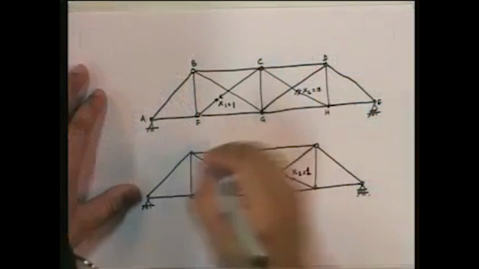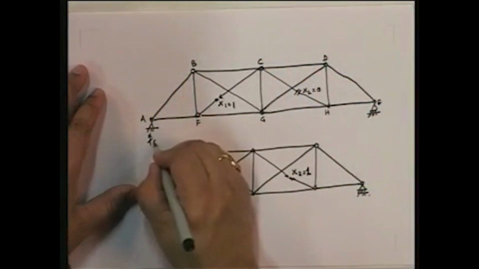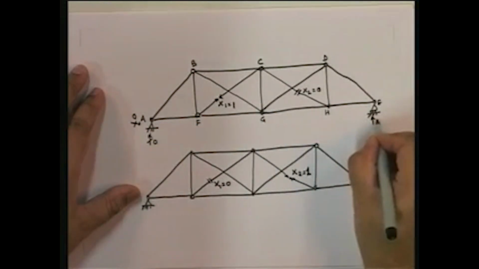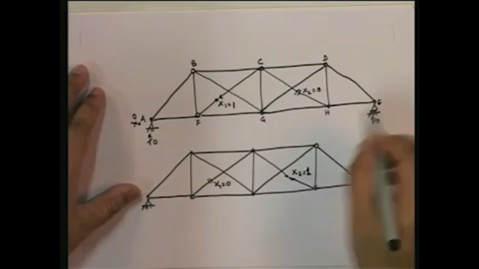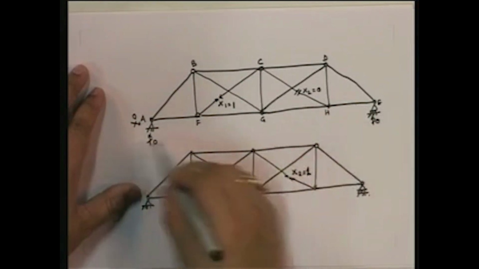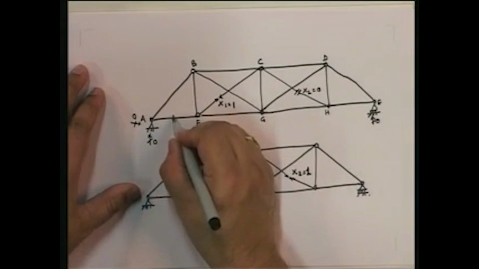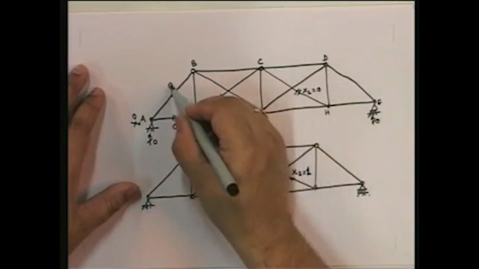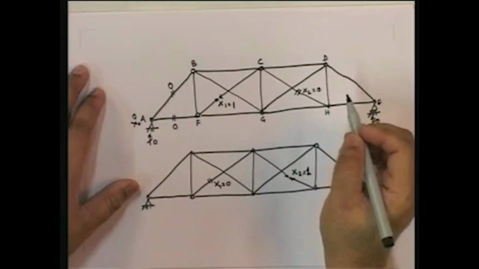So under this loading, it is obvious, since there is no external loading, sigma Fx and sigma Fy and sigma M equal to 0 around any point shows that these reactions are 0. If these reactions are 0, then these member forces automatically are equal to 0. Okay.